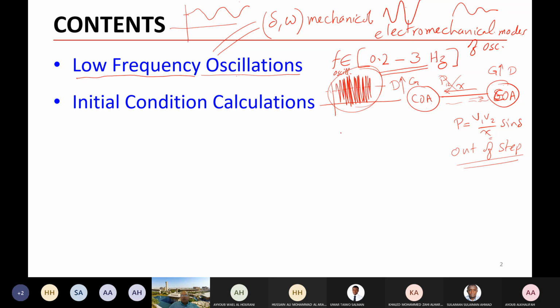So as a consumer, you will not reach this. This means that the system is unstable, meaning there is no protection system and no controller, and your system is still running, which is not the case in real life.